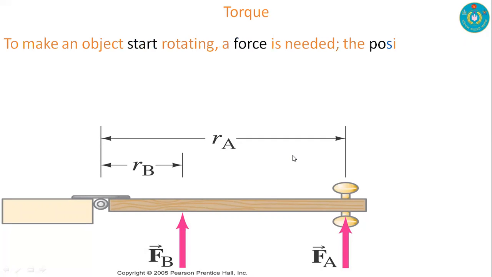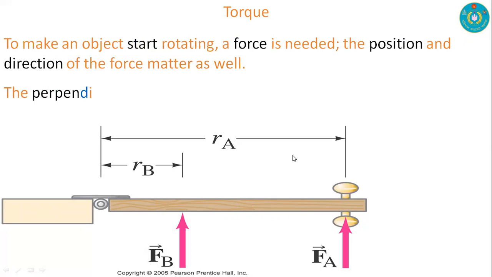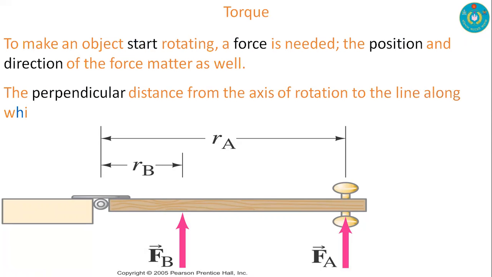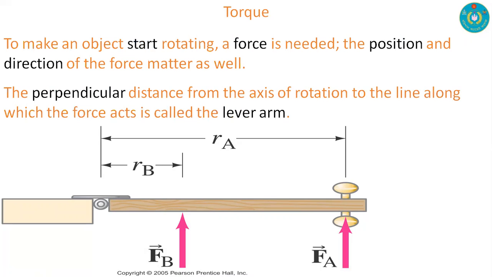To make an object start rotating, a force is needed. The position and the direction of the force matter as well. The perpendicular distance from the axis of rotation to the line along which the force acts is called lever arm.